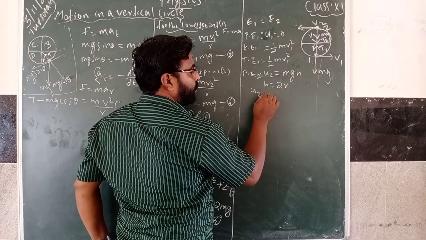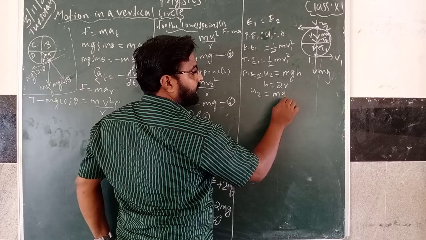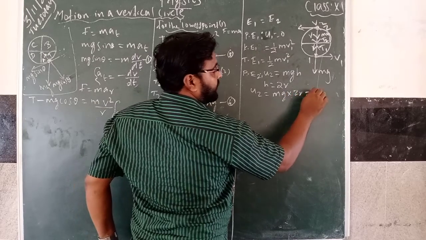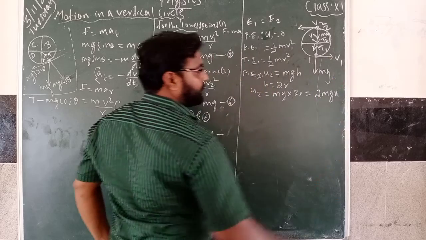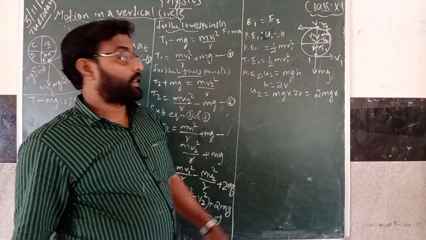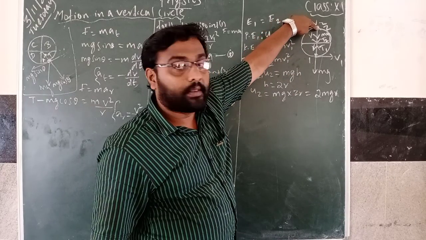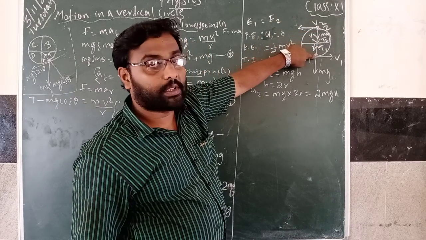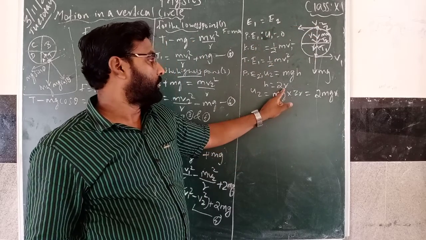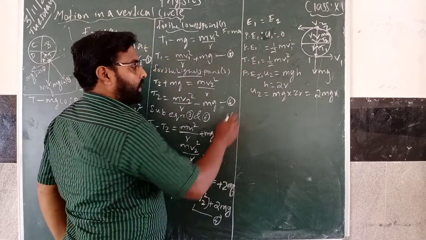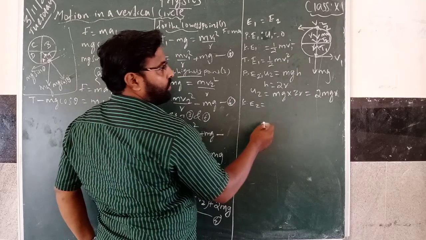So U2, potential energy at position 2, is mg into 2r, equal to 2mgr.